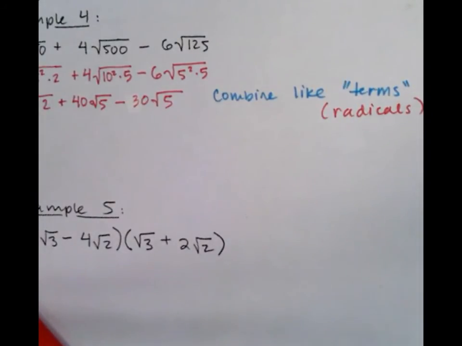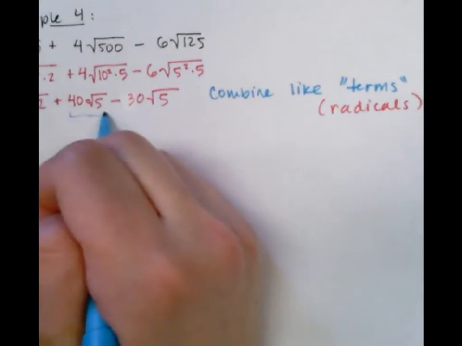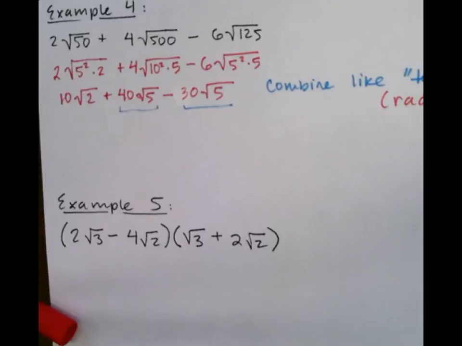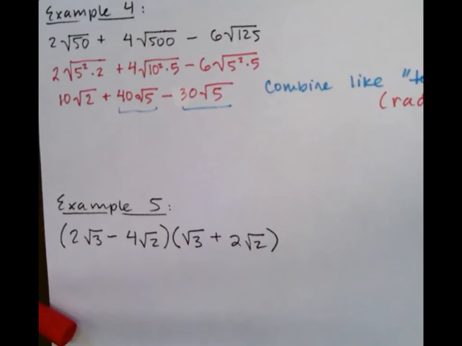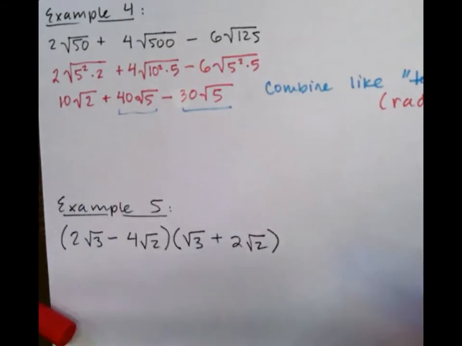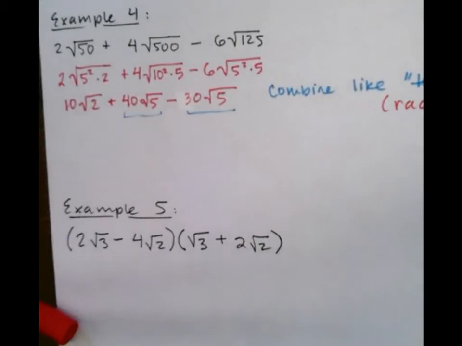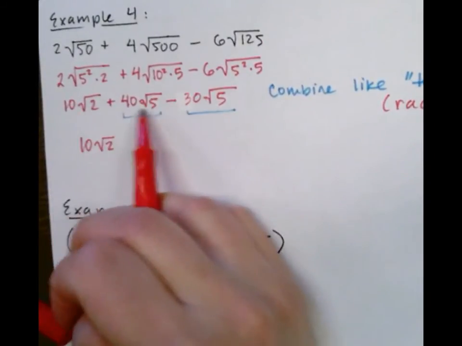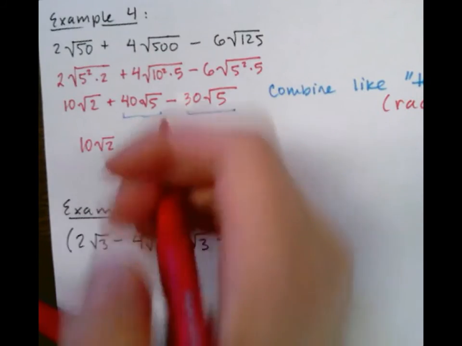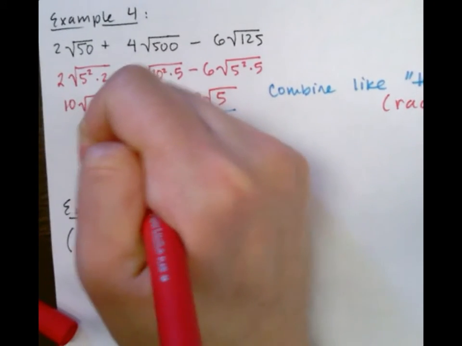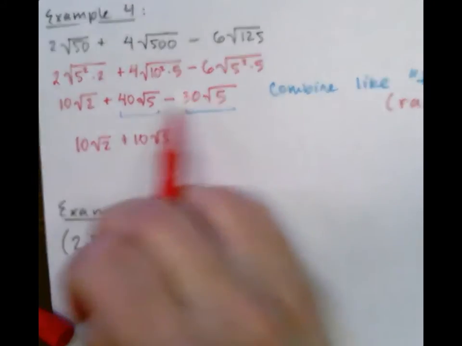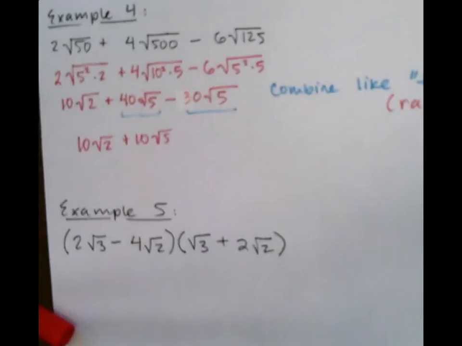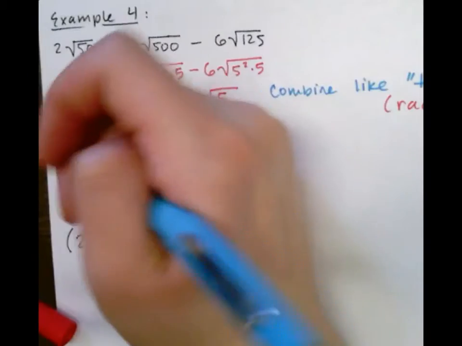The radicals that are in common are the 2 radical 5s, right? So this one can't get combined with anything, so it'll just stay the same and be 10 root 2. But here I can do 40 root 5 minus 30 root 5 to get 10 root 5. I didn't change the number inside the roots, I just subtracted 40 minus 30 to get 10. And this would be my final answer.